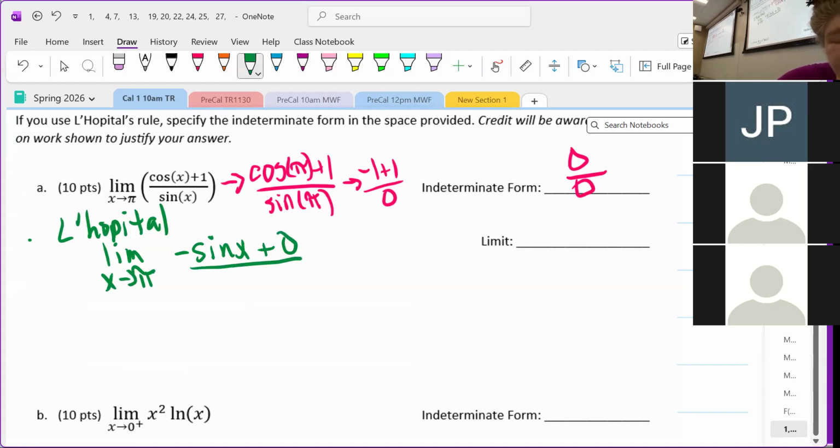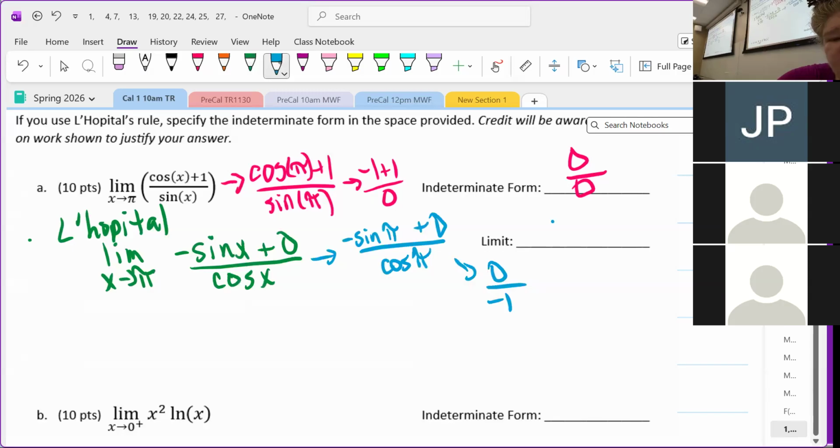And then on the bottom, the derivative of sine x is cosine x. Now I plug in pi again. So sine of pi is 0. So I've got 0 on top. Cosine of pi is -1. So I end up with a limit of 0.